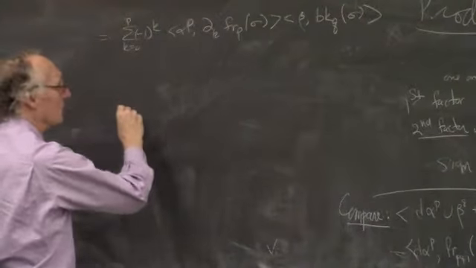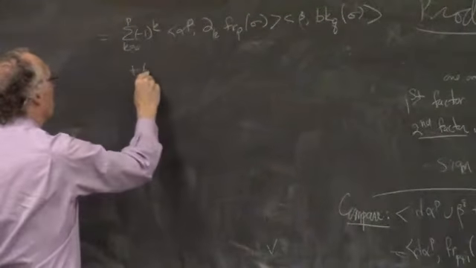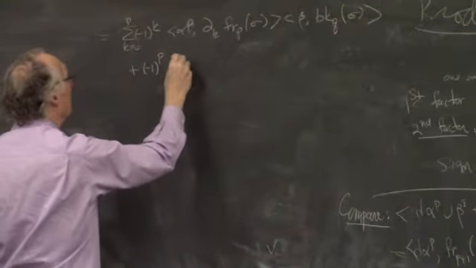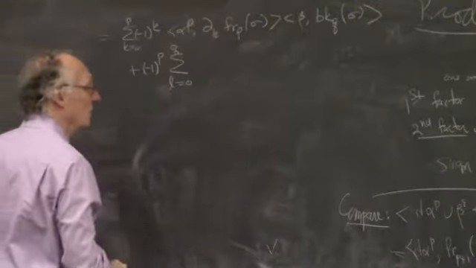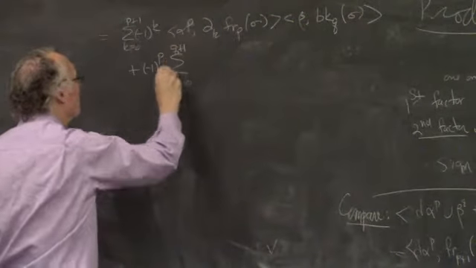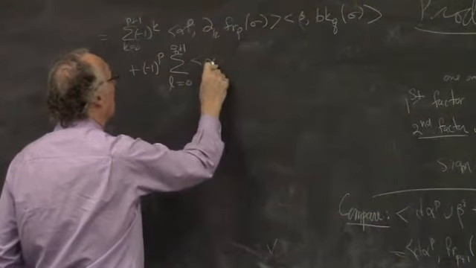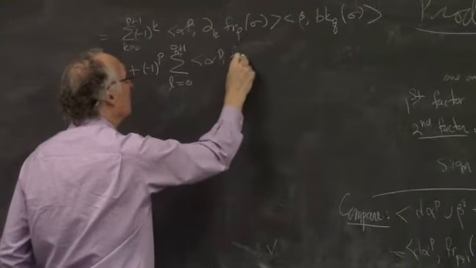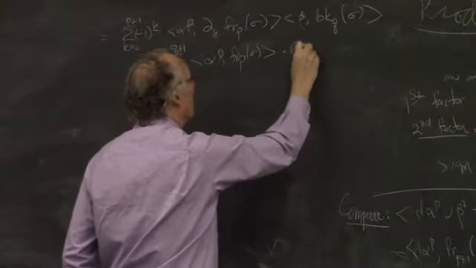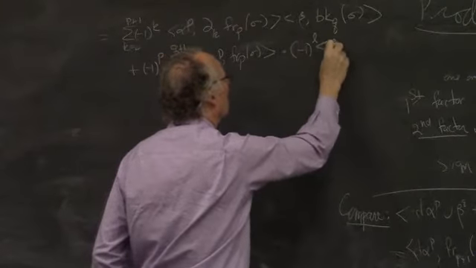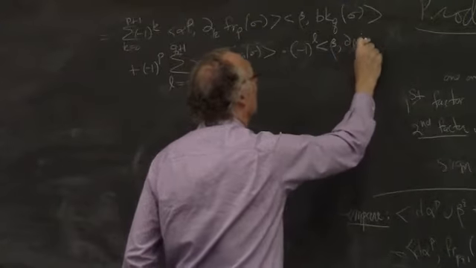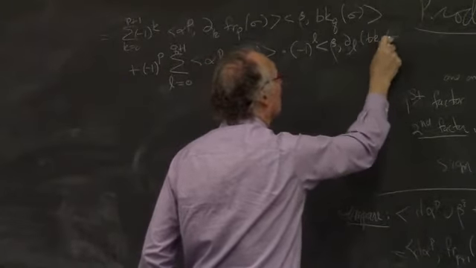Plus -1 to the p, summation L equals 0 to q plus 1, of alpha p on the front p face of sigma times -1 to the L beta on boundary L of the back q plus 1 face of sigma.